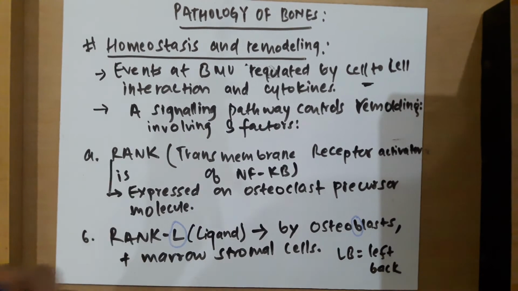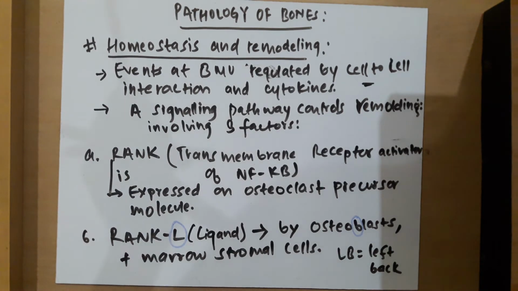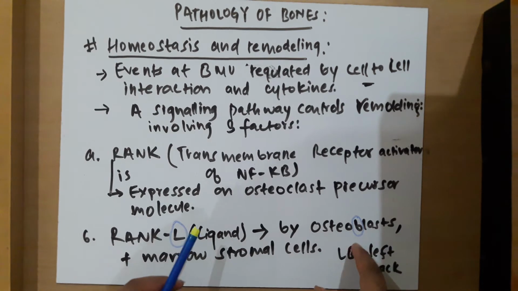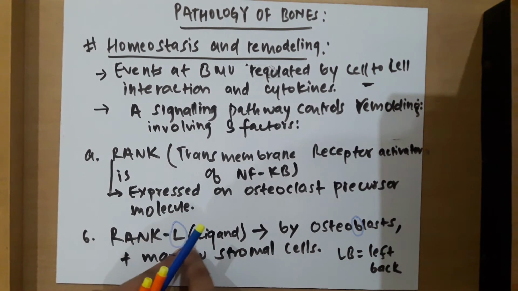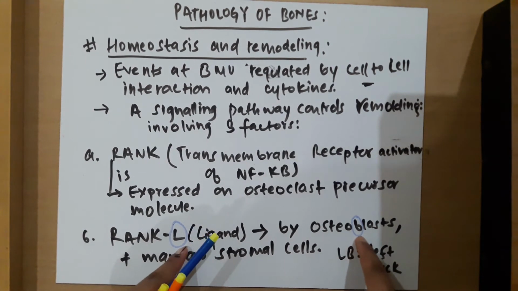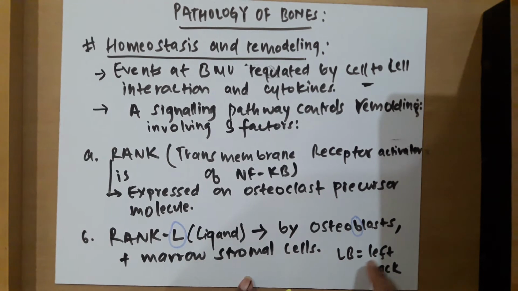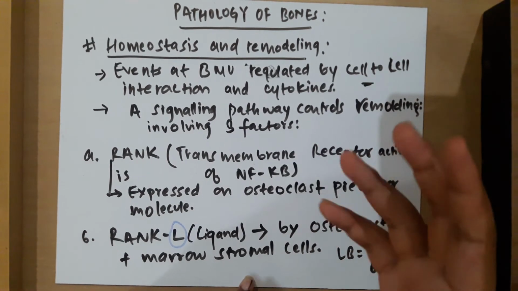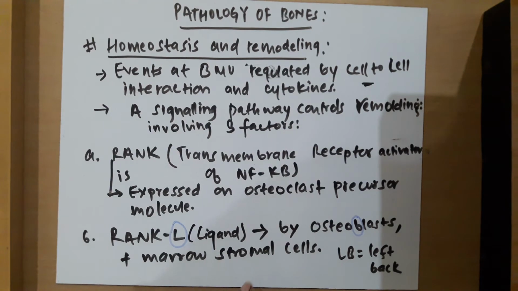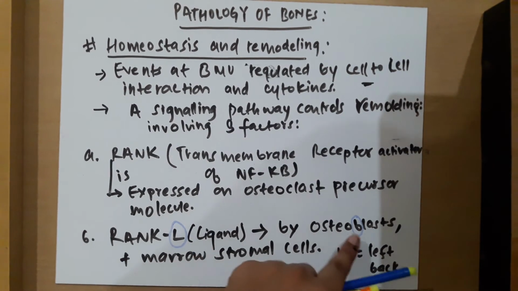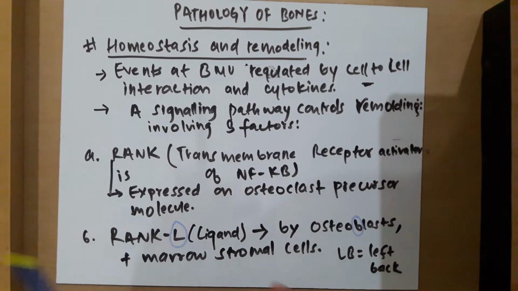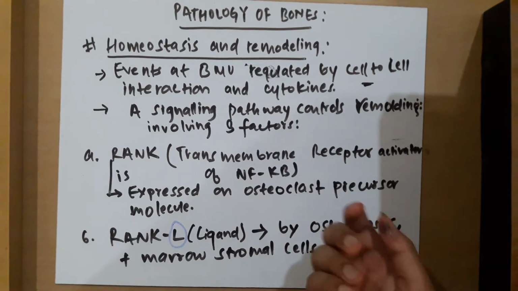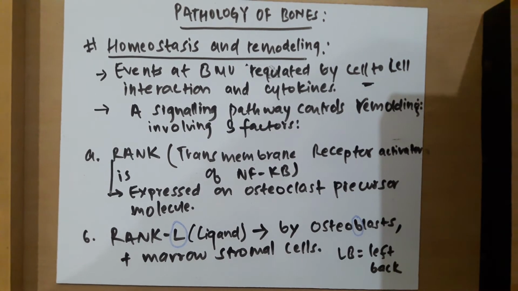Those who don't know, it's a position in the football game. So L for ligand, B for blast. So RANKL is expressed by osteoblasts, and the other one is marrow-stromal cells. Then RANK is expressed by osteoclasts.